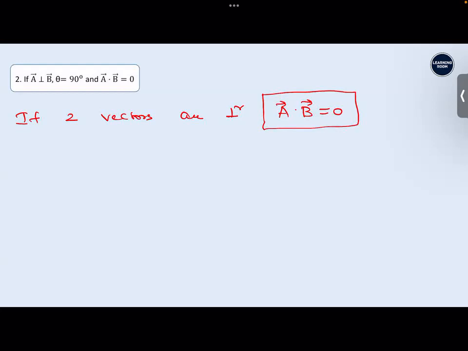They'll give you an unknown and say that these two vectors are perpendicular, find that unknown. At that point, you need to use the concept that the dot product of two vectors is always equal to zero for perpendicular vectors. And the reason for it: A vector dot B vector is equal to magnitude of A vector into magnitude of B vector cos theta.